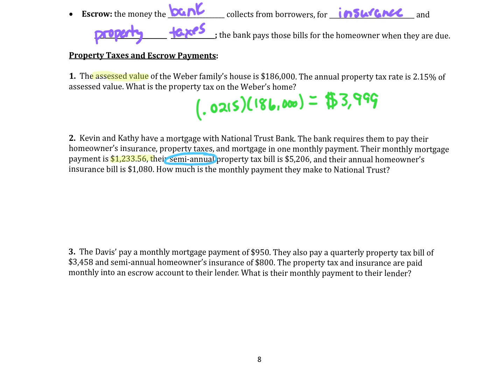The property tax bill is this, and their homeowner's insurance bill. Oops, all right, I'm trying to highlight and color code here. How much is the monthly payment they make to the National Trust?